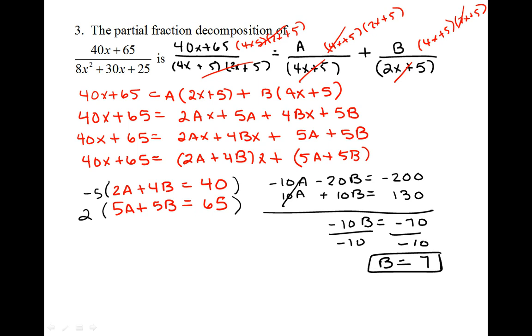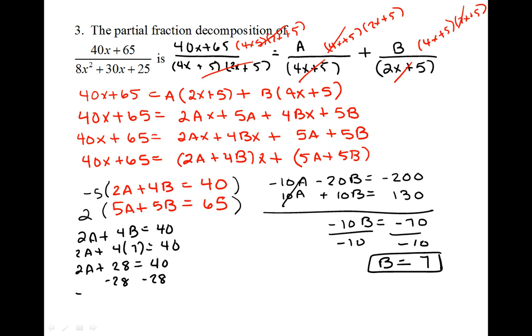Okay, so now I just need to figure out what A is equal to. So I know that 2A plus 4B equals 40. So 2A plus 4 times 7 equals 40. 2A plus 28 equals 40. Minus 28 on both sides. 2A equals 12.